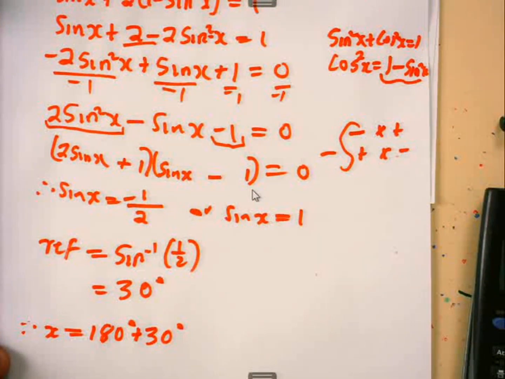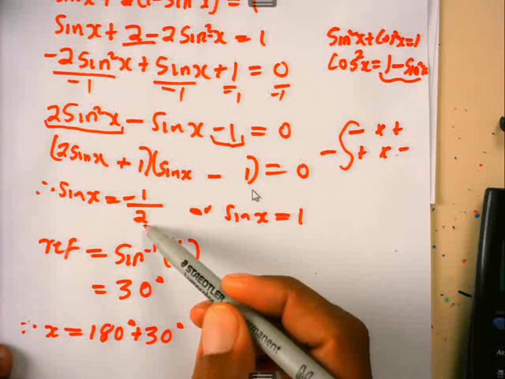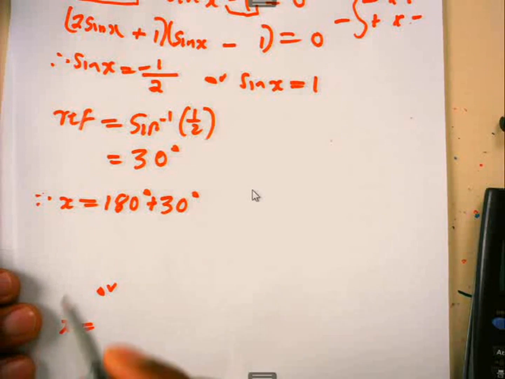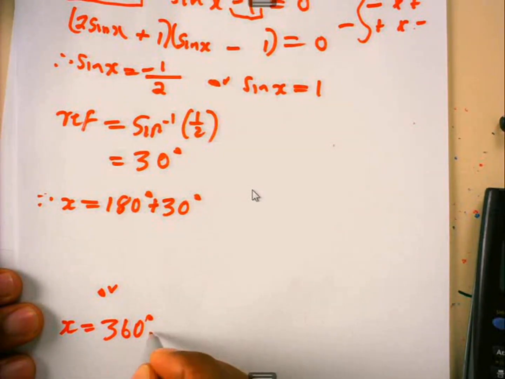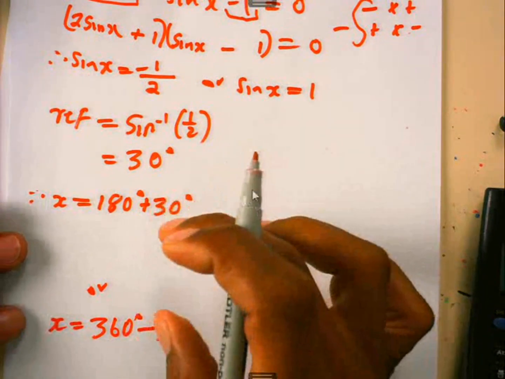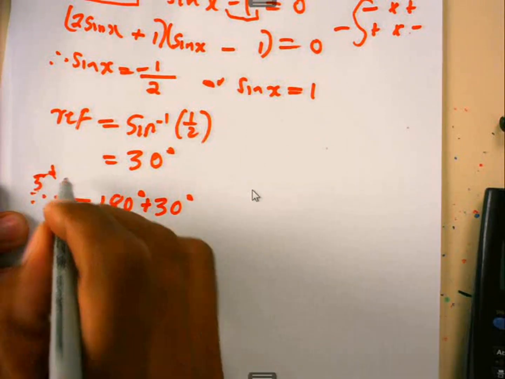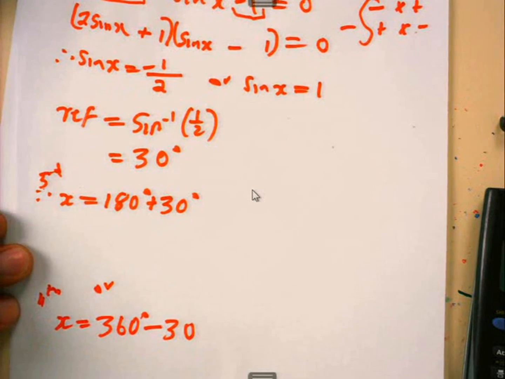Or x is equal to, remember sine is negative in the third quadrant as well as the fourth quadrant. Right, now, what do you know about the angle in the fourth quadrant? That is 360 degrees minus 30. Right, now, I'm happy, I have the third quadrant, and also I have the fourth quadrant here.